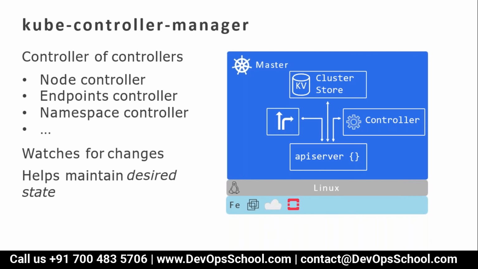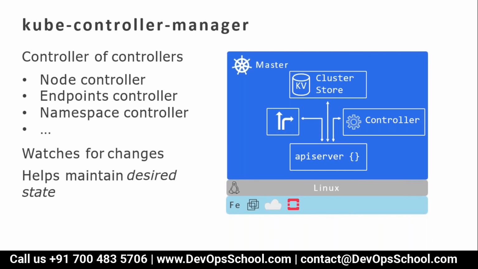There are many controllers: endpoints controller, namespace controller. Slowly you will get comfortable with what endpoints and namespaces are. But in short, what is going on in my cluster is controlled by controllers, and these controllers are managed by the controller manager, which helps you watch for the changes in the cluster and maintain the desired state.